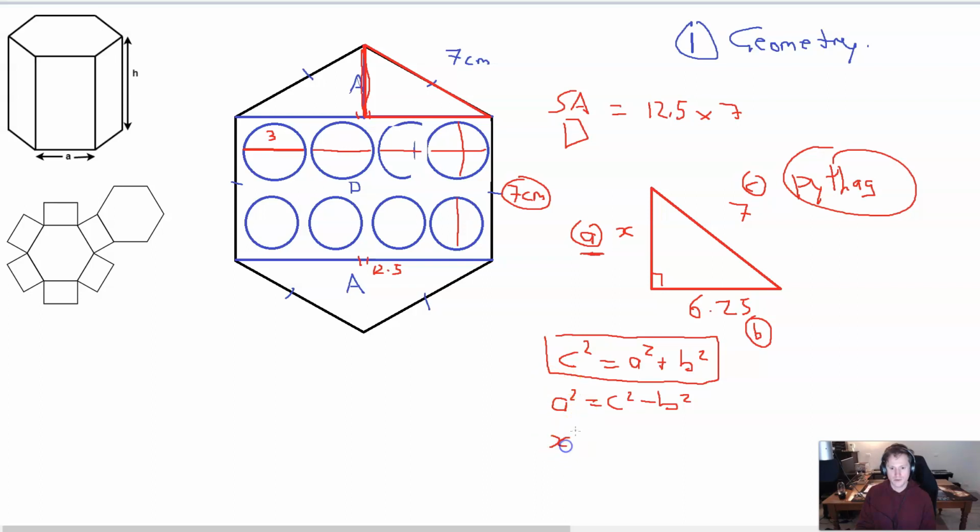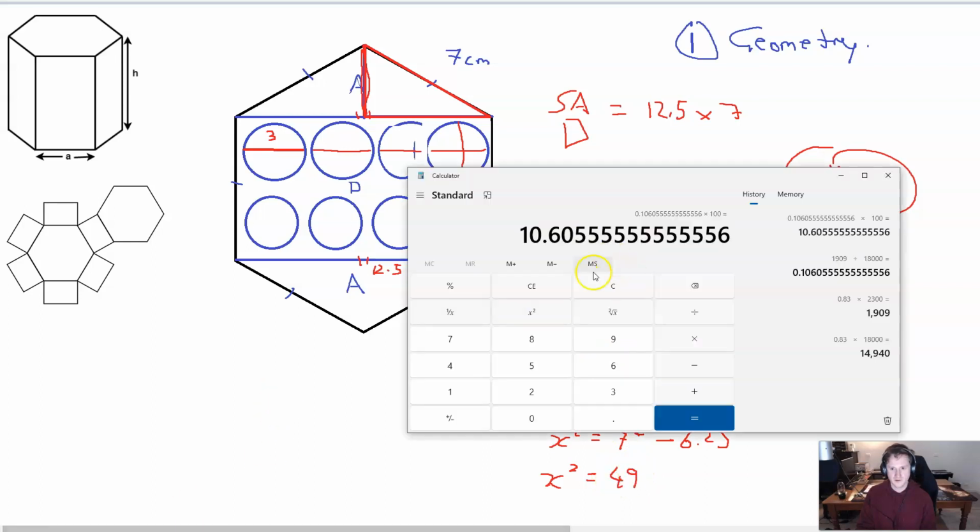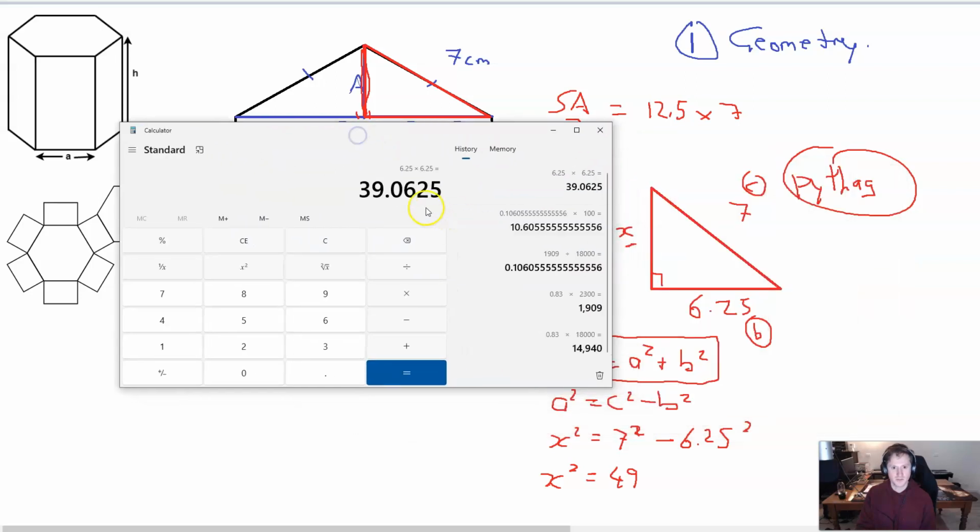And then we'll substitute. So we'll substitute our x and we'll substitute our c is 7 squared, take away the 6.25 squared. So x squared is equal to 7 7s are 49. And I'll need to figure out 6.25 times 6.25, which is 39.06.